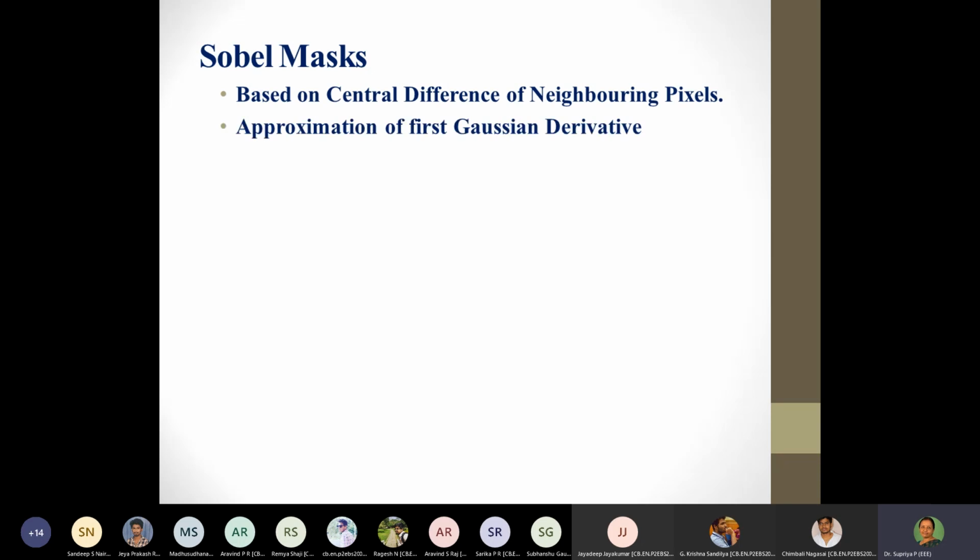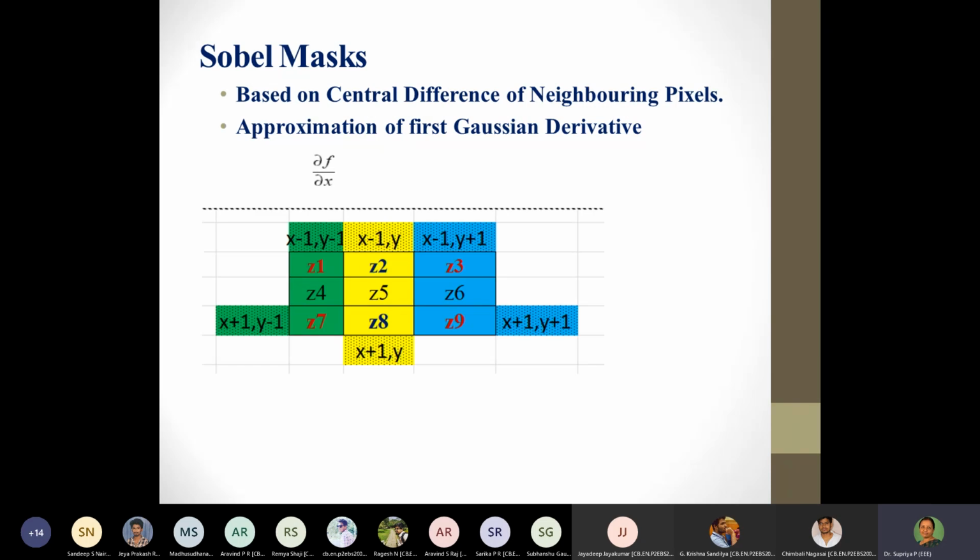As has been mentioned, it is based on the central difference of neighboring pixels. So it is almost similar to the Prewitt mask, only a small difference exists, and its approximation is based on the first Gaussian derivative, which we have already seen, dou f by dou x.